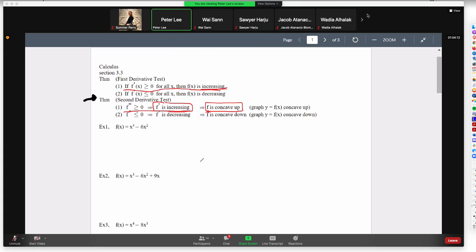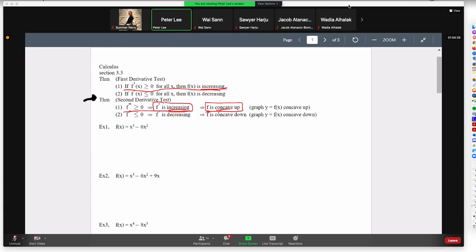So I'm not going to explain to you what this f concave up really means. This term concave, or concavity, is actually a geometrical term. This is a graphical term. This is a geometric term. And this increasing is an algebraic term. Now, calculus is a combination of algebra and geometry, or algebra and graphs.